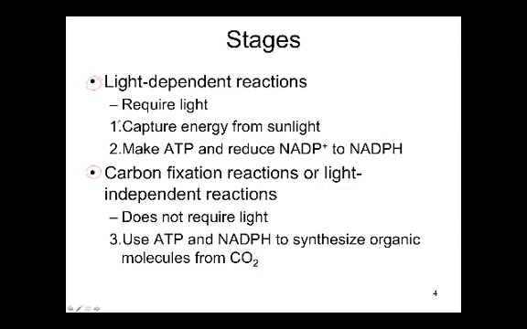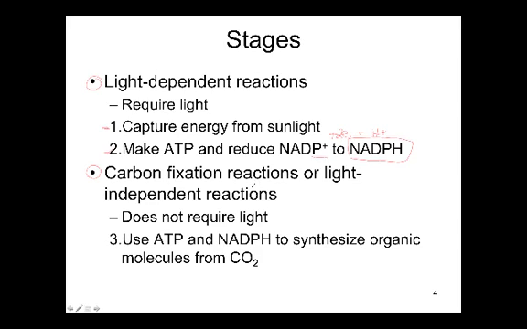In the light-dependent reactions, we capture energy from the sun and use it to make ATP and reduce NADP+. That is, we add 2 electrons and 2 hydrogen ions in order to form NADPH.